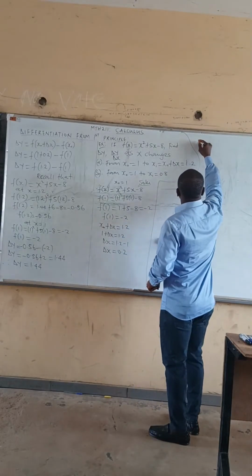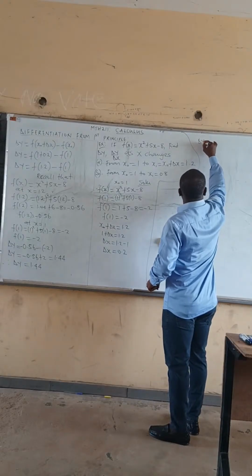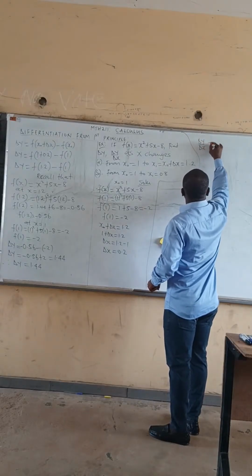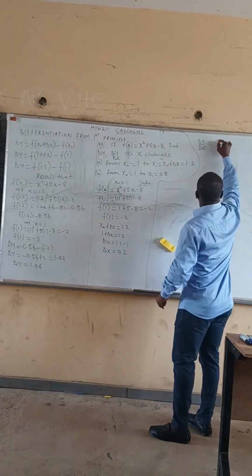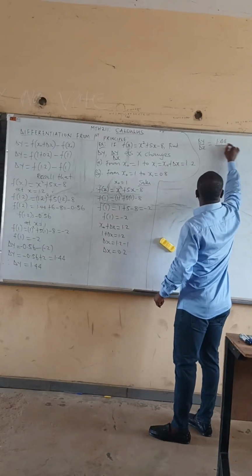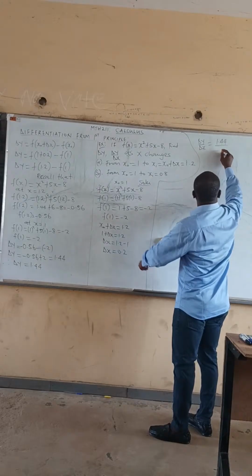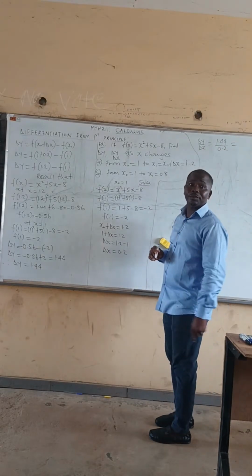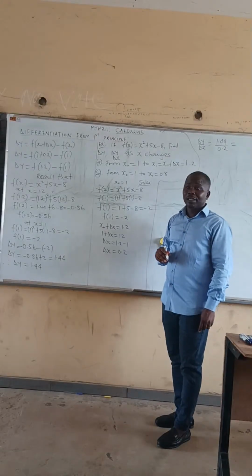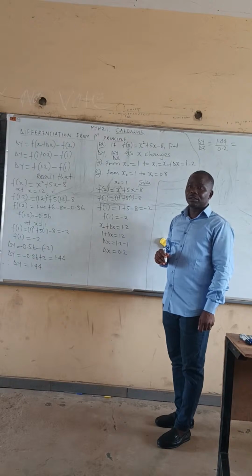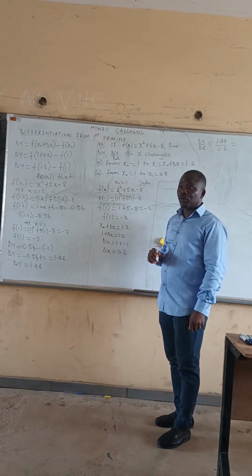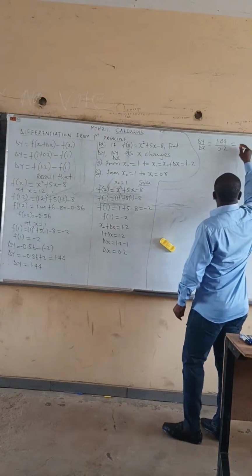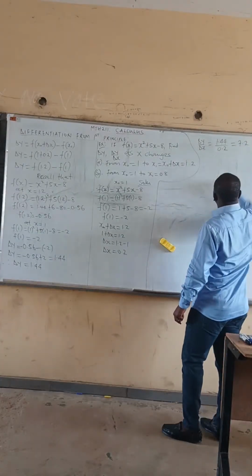So our dy over dx is going to give us 1.44 over 0.2. Divide it. What are you supposed to have? 7.2.